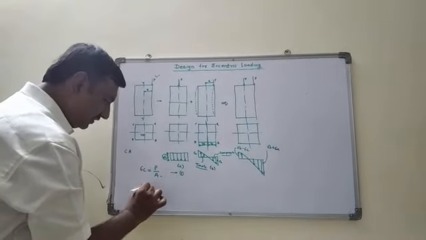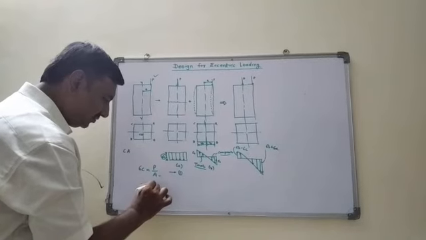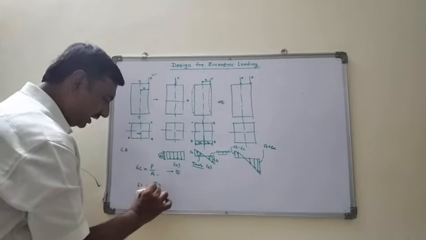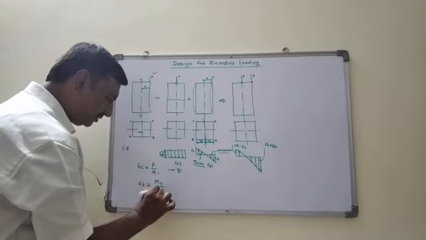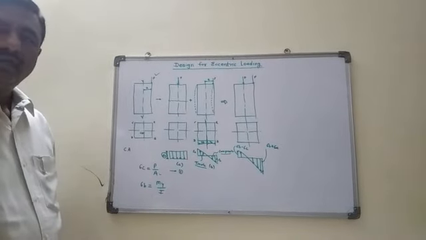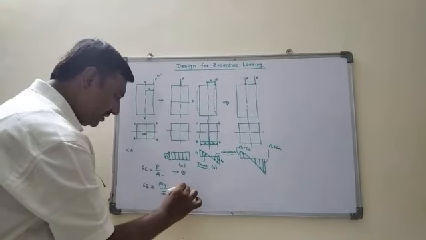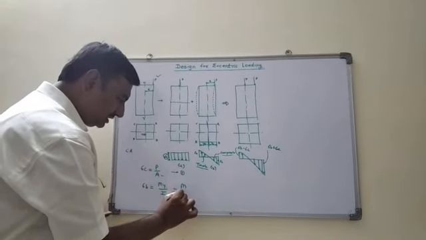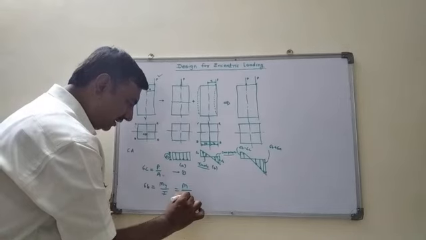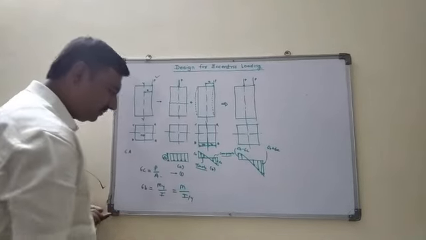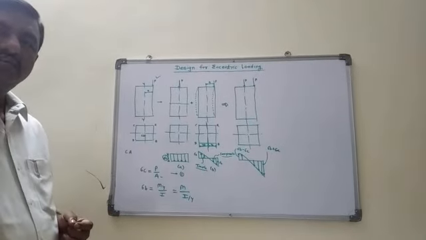We have the basic equation of the bending stress. Sigma b is equal to M y upon I. Also, M is the bending moment, and this I by y is the section modulus.